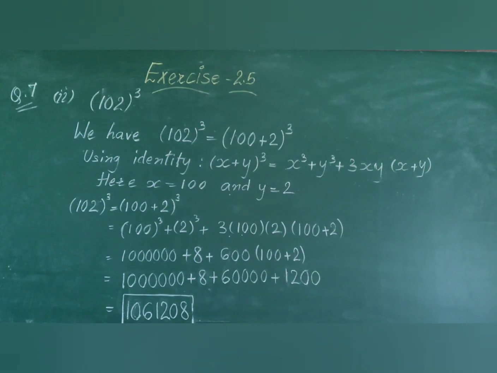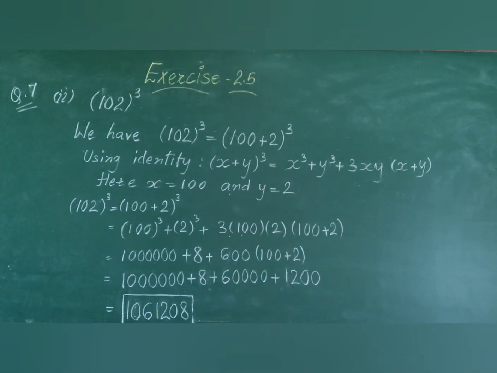And when we compare the given value with the identity, we can say x is 100 and y is 2. Inserting the values in the identity, we will get 102 cube equal to (100 plus 2) whole cube, that is equal to 100 cube plus 2 cube plus 3 into 100 into 2 into (100 plus 2).